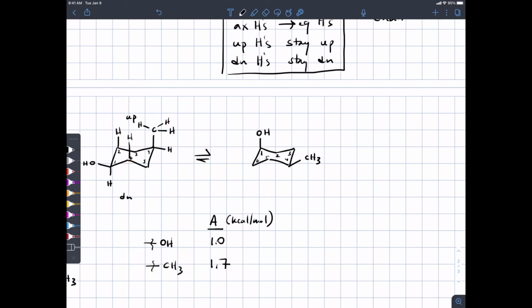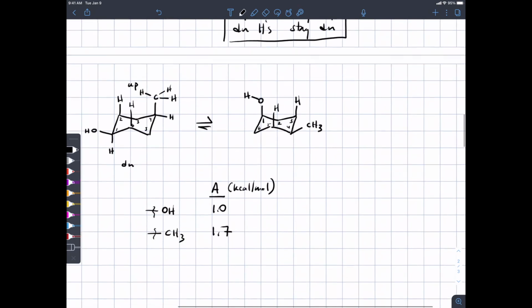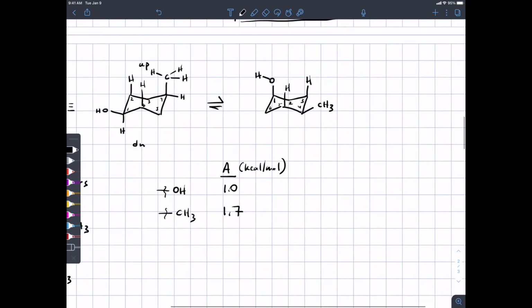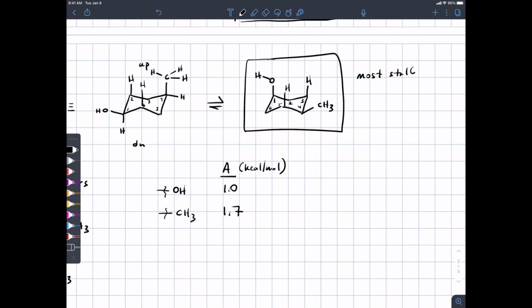In contrast, for the alcohol, it's possible to rotate around that carbon-carbon bond to swing the proton over here, and maybe that decreases the steric problems. Okay, so if it's better to have OH axial than methyl group, we would say that this is the most stable chair conformation of this molecule.